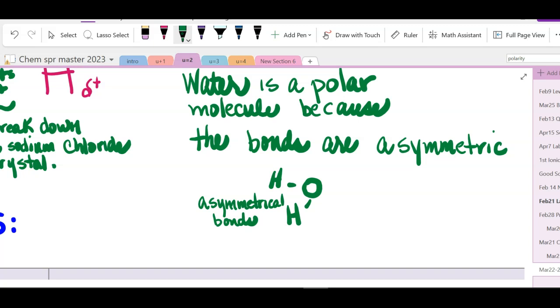So they create a polar molecule. Water is a polar molecule because the bonds are asymmetric and pull more in one direction than the other.